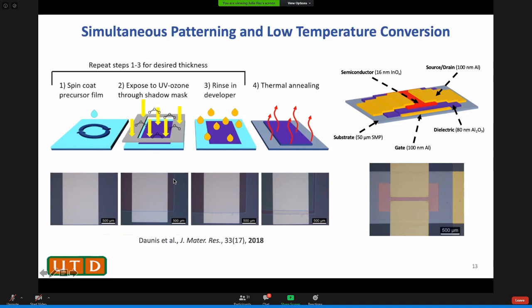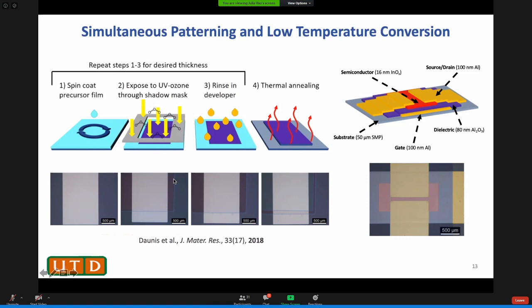And this one shows you can repeat this and deposit 2 layers. Because Trey was doing this by hand, the alignment is not great. You can see 2 layers. Then you can take these 2 layers and anneal to 200 C or so to convert to metal oxide, and you don't see any cracks. On the right, I show you how we make a full transistor.